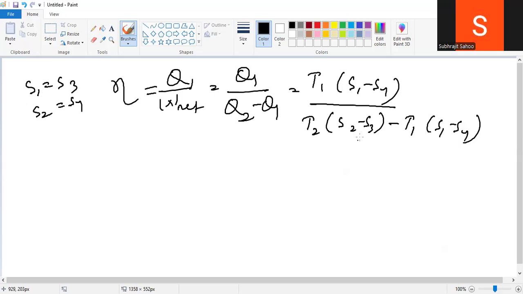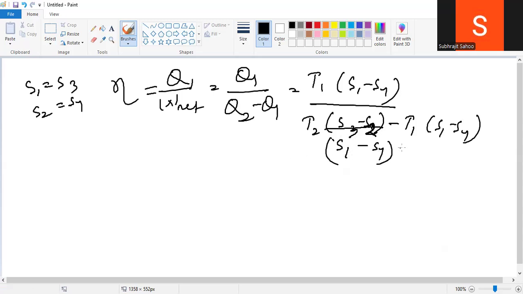Okay, here you change it, S3 minus S2, no problem. Now, in place of S3, can I put S1? And in place of S2, can I put S4? Now, this term you delete, this term you write. Right? Because both are the same.